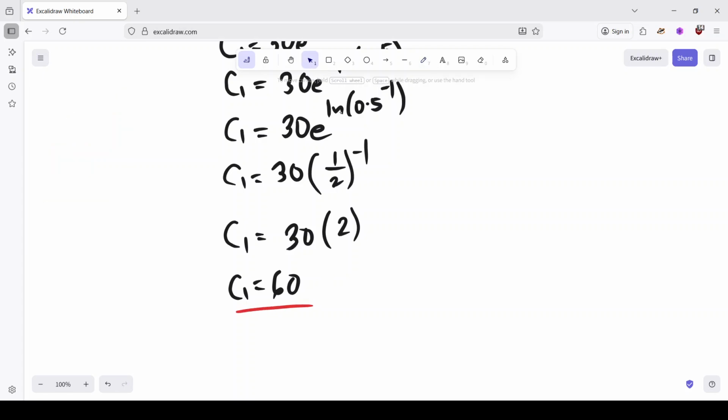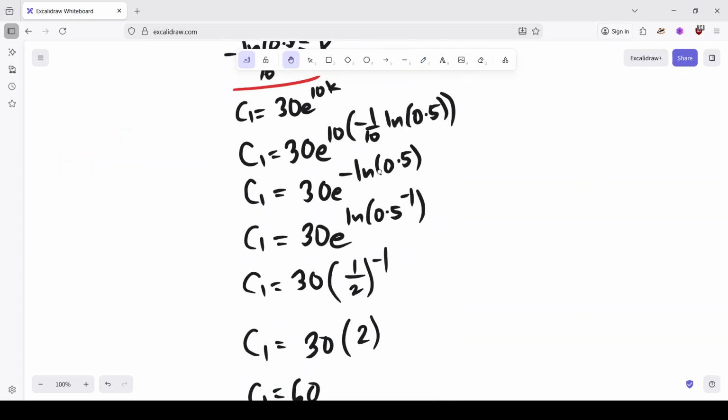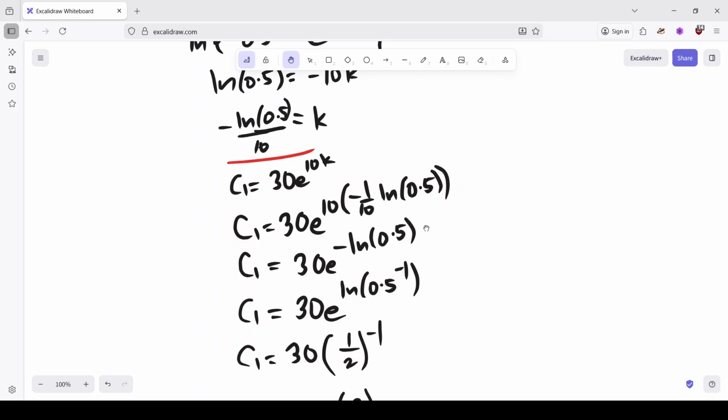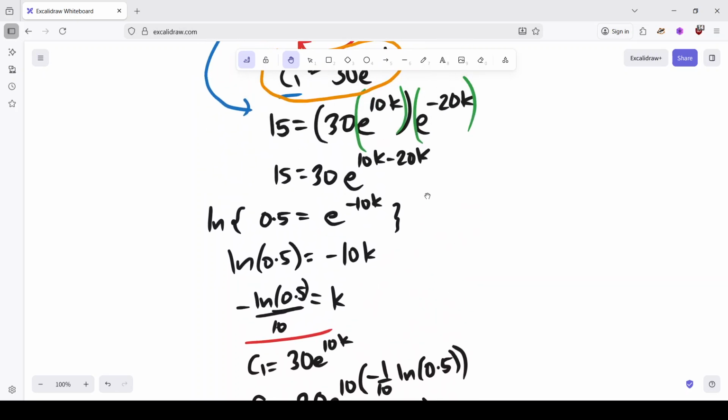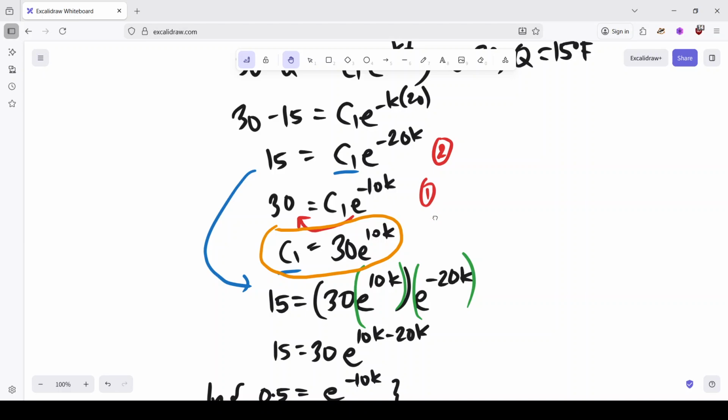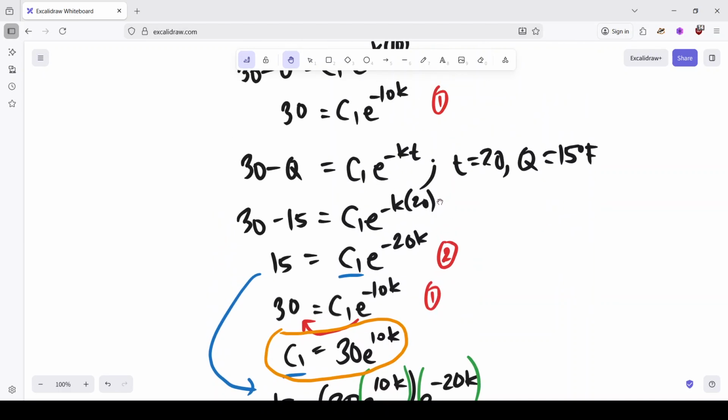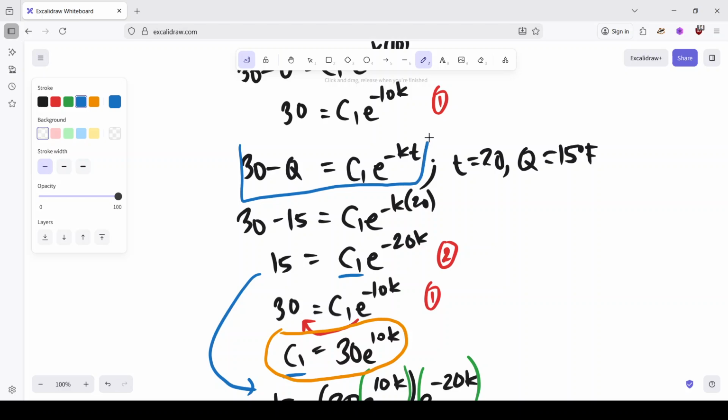c1 is 60, k is negative ln 0.5 over 10. Then we can use these values in our equation. So let's use this one.